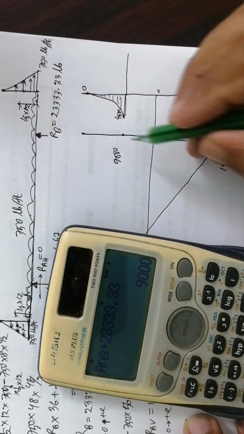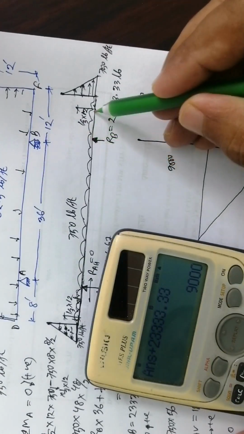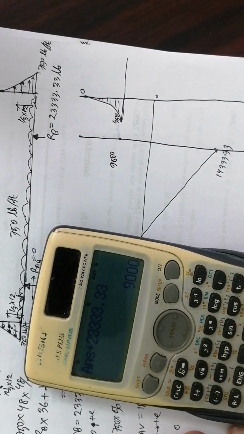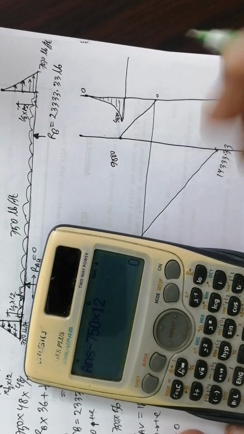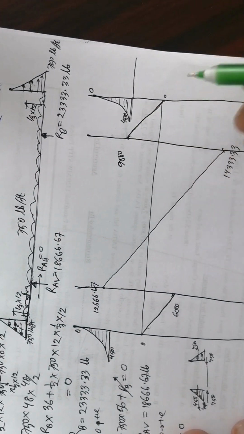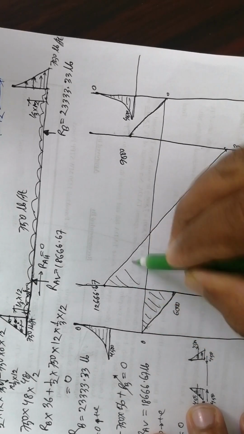Now again here is the distributed load over the 12 feet direction, which is negative, minus 750 into 12, 0. This point, straight line. This is also straight. So this is the diagram.